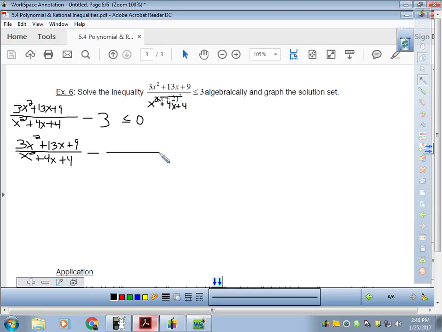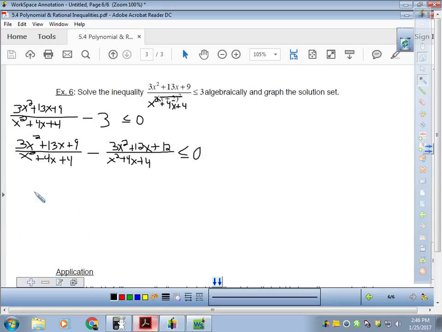The second one, though, when it gets that x squared plus 4x plus 4 on the bottom, that 3 also has to get this. So you're going to have 3x squared plus 12x plus 12. And that's less than or equal to 0.